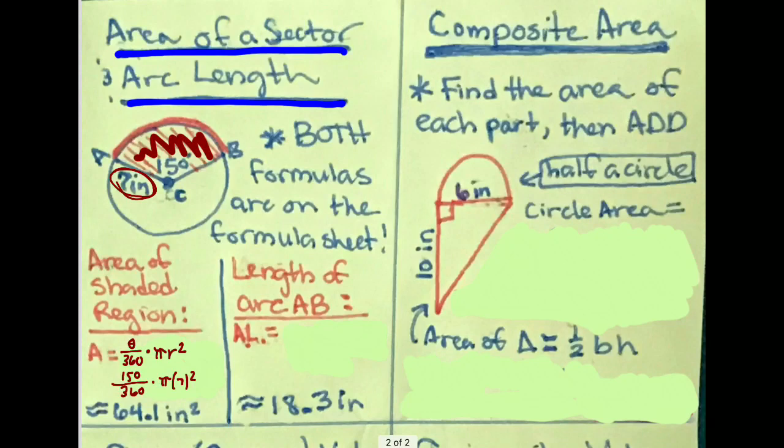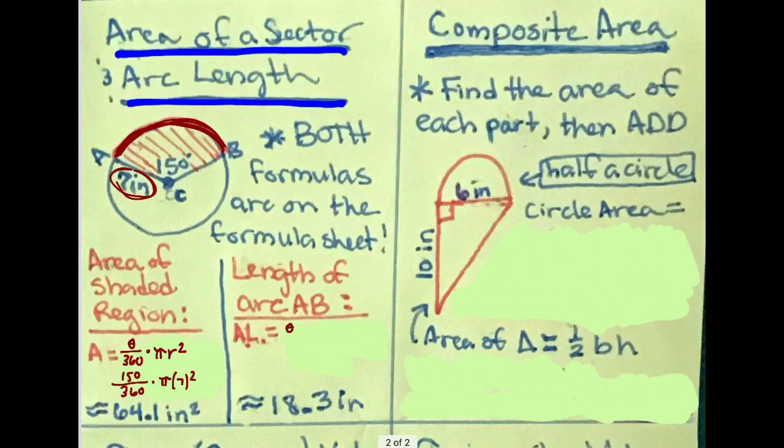Alright, so the second formula we dealt with in this unit so far, no, it's not the area inside the pie piece. It's basically how long the arc is around the edge of that pie piece, kind of like the crust. If this was a pie, we're trying to figure out how long the crust should be right here in this spot. So to do that, remember there's a formula for that too, and it is given.